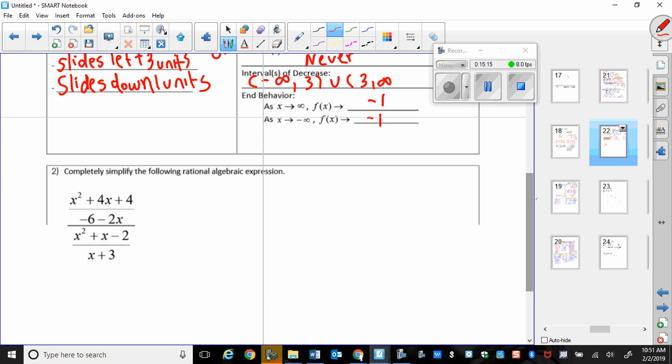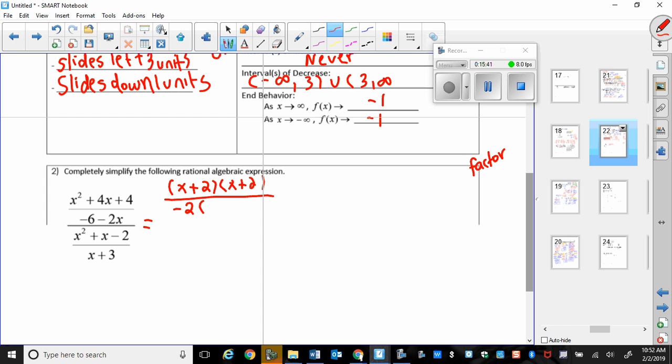Lastly, everybody will have a version of this. Your job here is to factor all polynomials. Okay? So if I factored all the polynomials and I rewrote this, I would have x plus 2 times x plus 2 at the top over negative 2. Remember, we factor out any negatives.